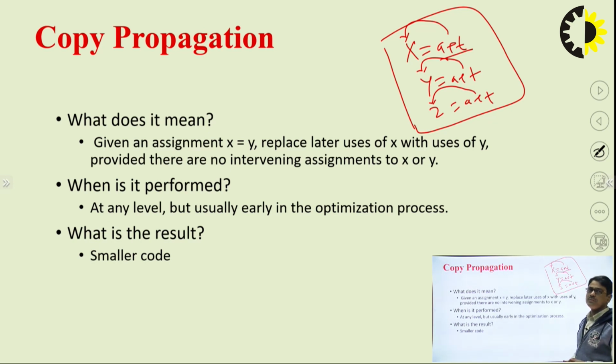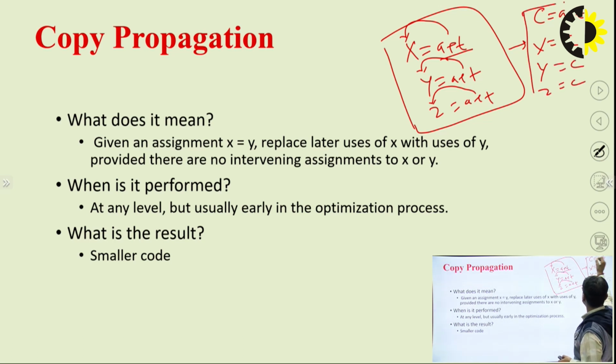It would take a lot of effort to execute these kinds of statements. So what we do is apply copy propagation and write c = a + t, then x = c, y = c, and z = c. This is very easy for execution and takes a small effort. That is basically called copy propagation.